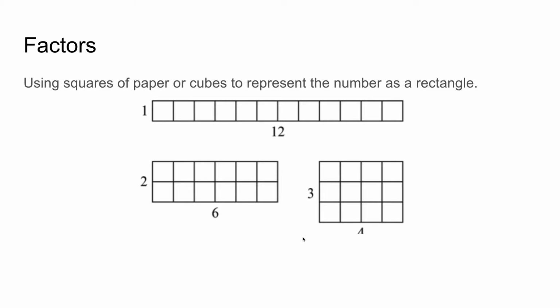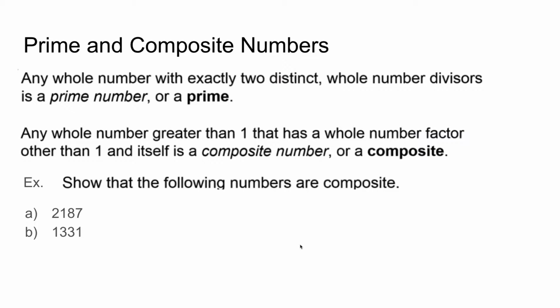Why do we talk about factors in prime numbers? Because the definition for prime numbers comes from the factors. So any whole number with exactly two distinct, which means two different, whole number divisors or factors, is called a prime number or a prime.